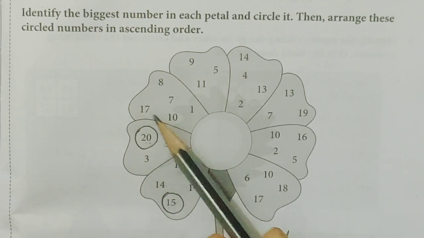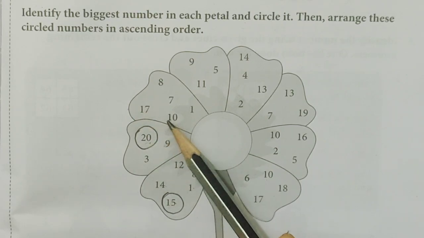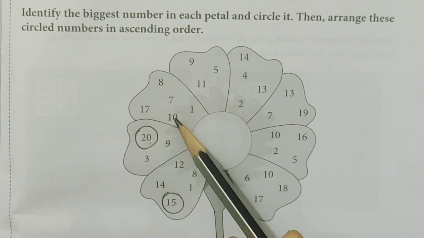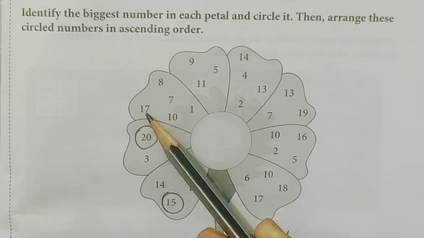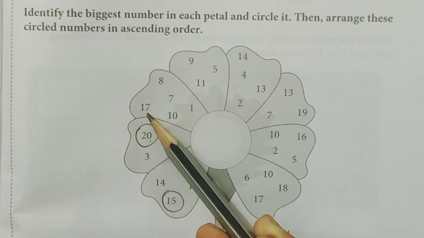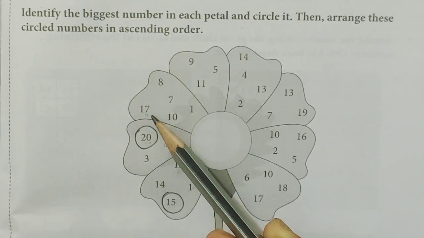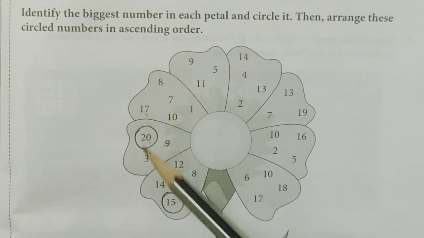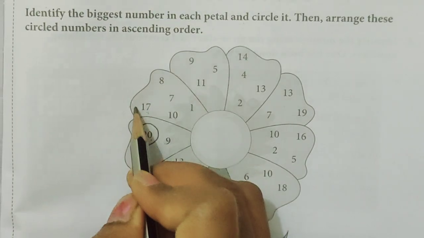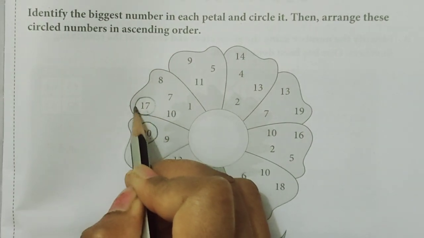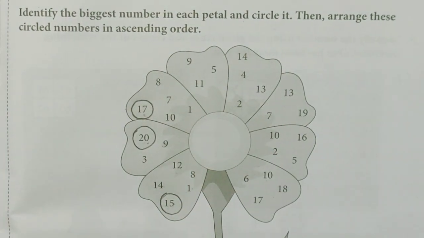Now the digits at the tens place are the same. Now we will compare the digits at the ones place. In this number 7 is at the ones place and here it is 0. In 0 and 7, which one is greater? 7. Therefore the number 17 will be the biggest number or the greatest number.